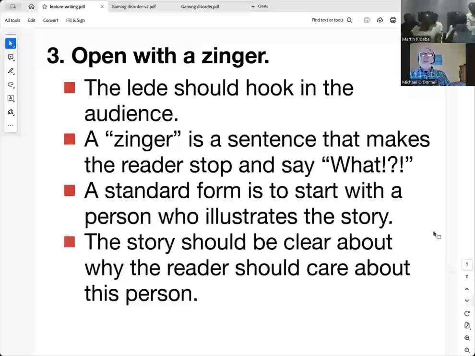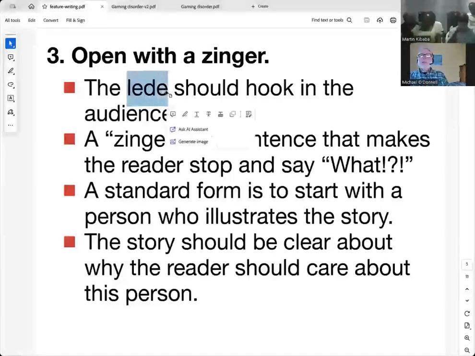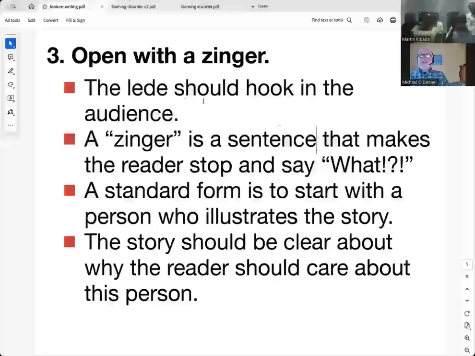Okay. And then the zinger. This is where we talk about the major fault in Walter's story, which is the lead, and you notice I spell it L-E-D-E. That's an old American journalism habit to make it clear that you're not talking about LEAD, which in the old days of journalism also meant lead, as in the lead they used to make the type for the newspapers.